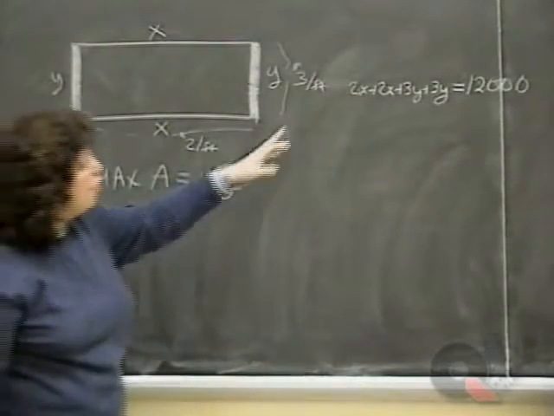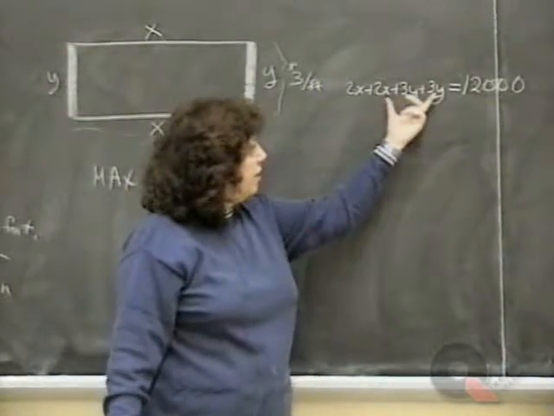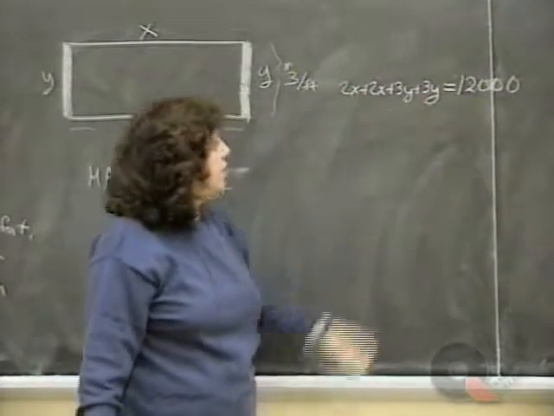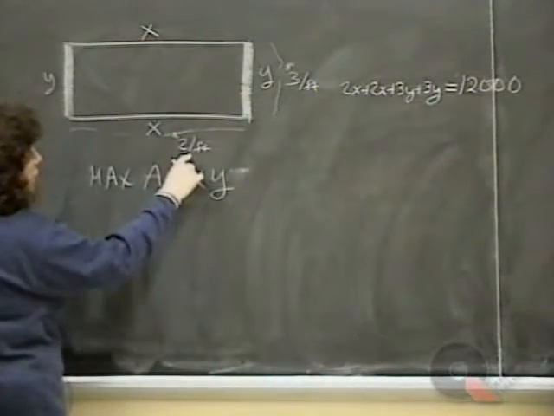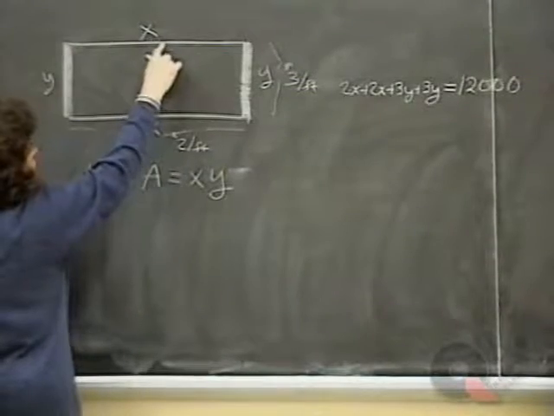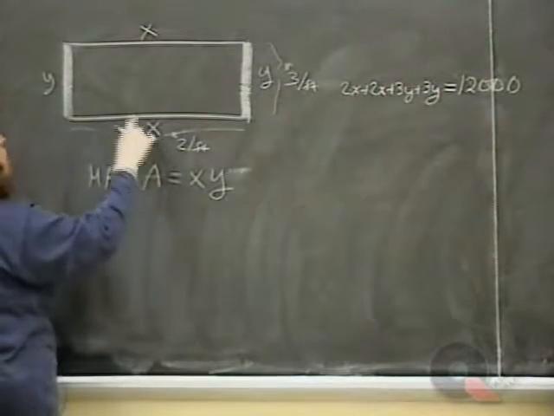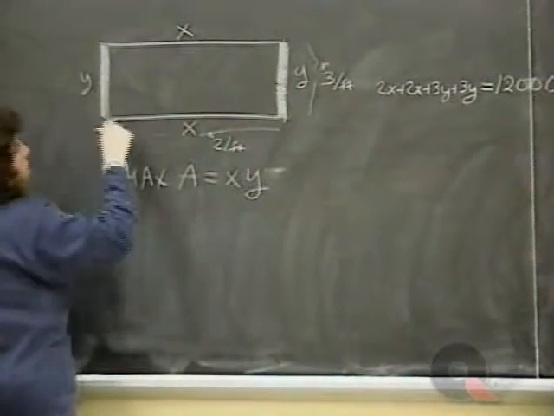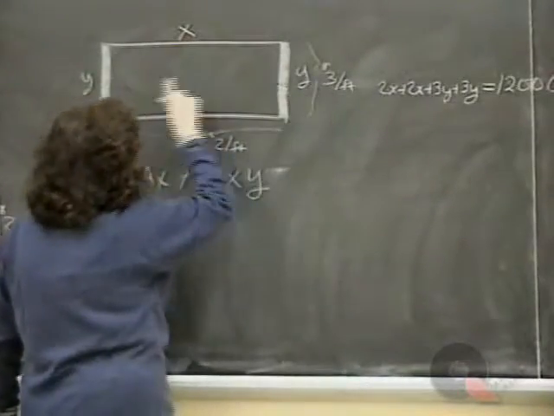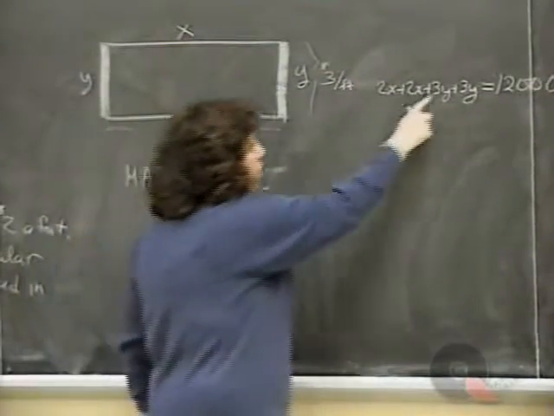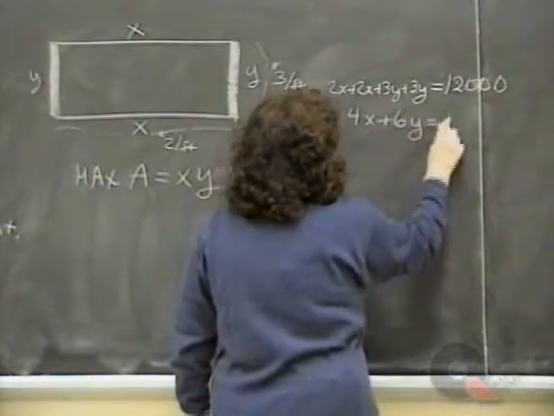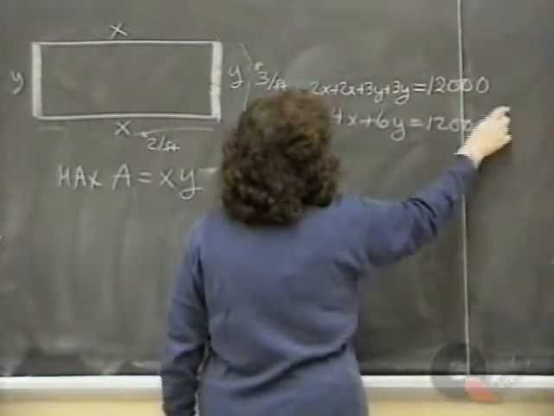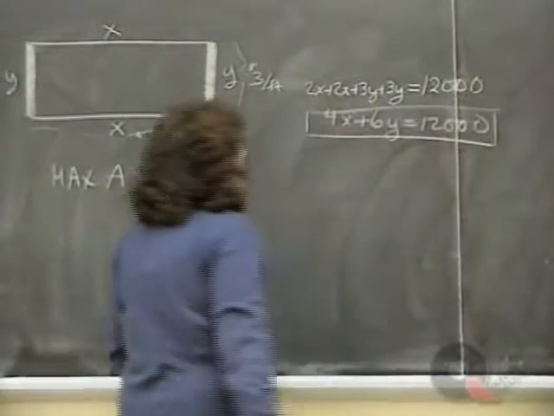So we have to weight the length of the fence by the cost for that type of fencing. So it's X feet times $2 a foot, that's 2X and 2X dollars. And here, Y feet of fencing, each one at $3 a foot, so 3Y and 3Y. Or 4X plus 6Y equals 12,000 is our extra condition.